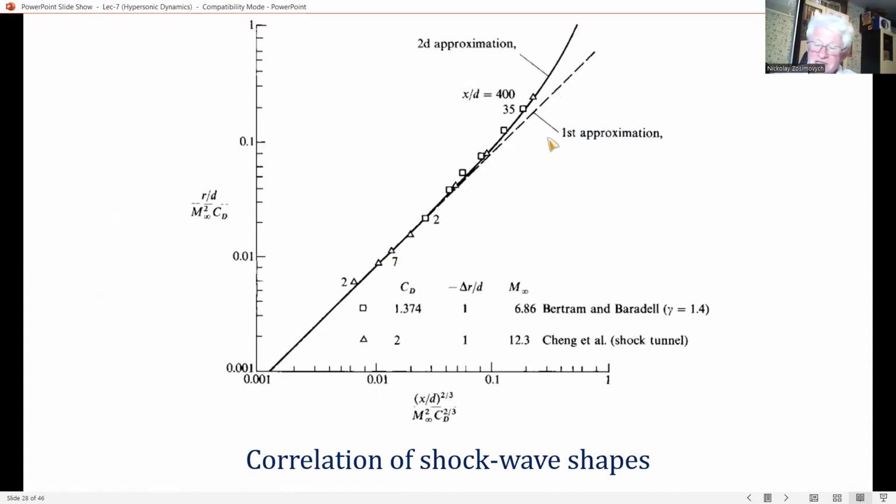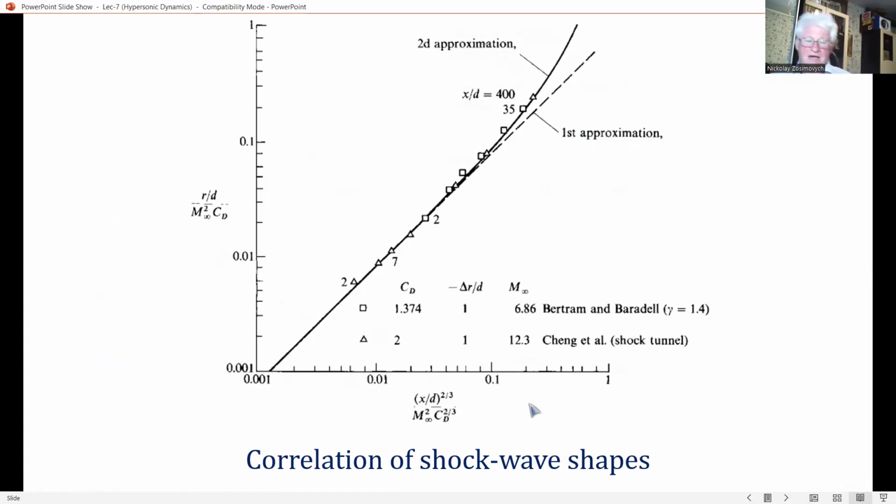So these results tend to confirm that for a blunt-nosed flat plate, the shock wave shape varies directly as CD to the power 1/3, and directly as X/D to the power 2/3.